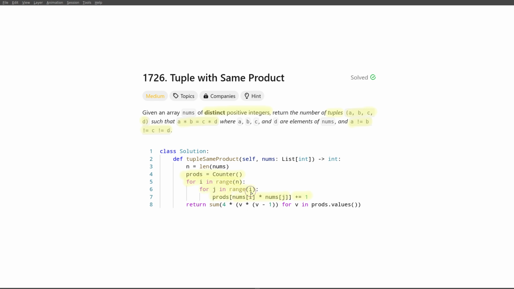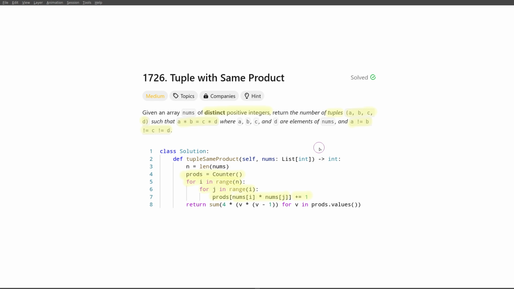And we can calculate the result based on that alone, because any 2 instances of a given product will be composed of completely different numbers. So any pair of products has 4 different numbers within it.